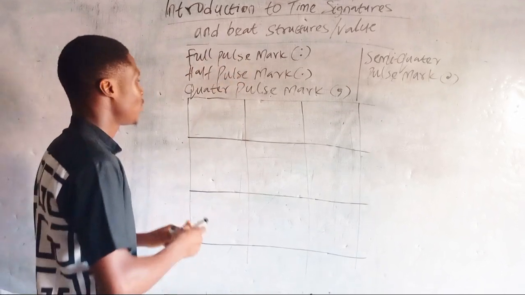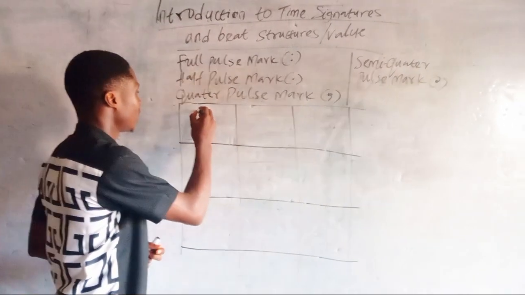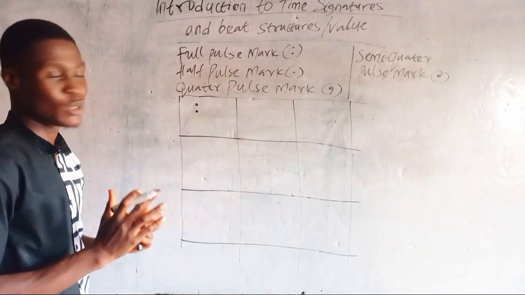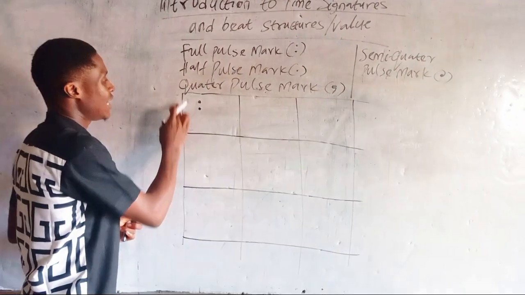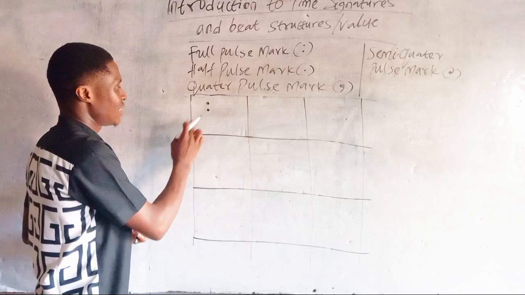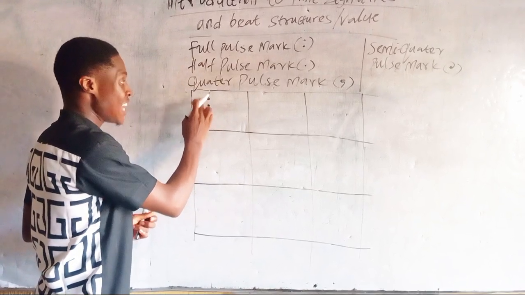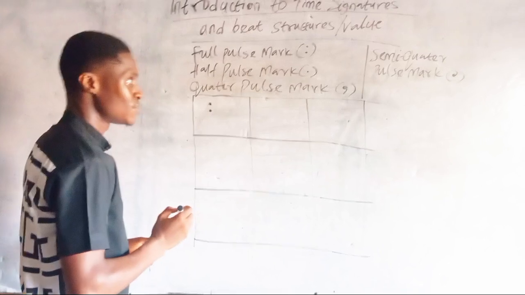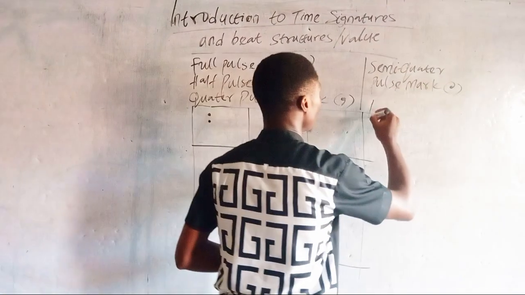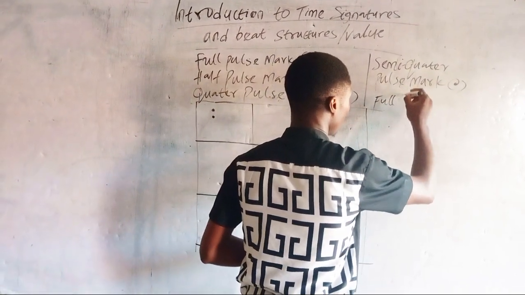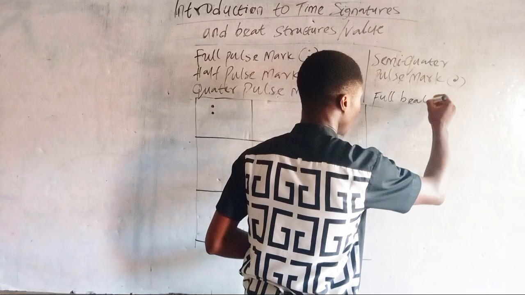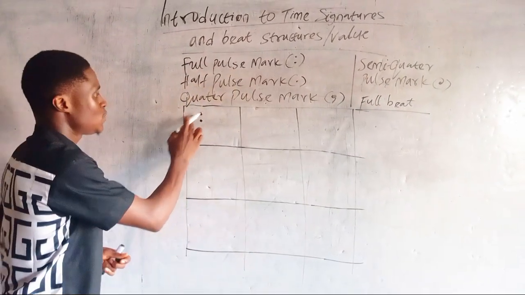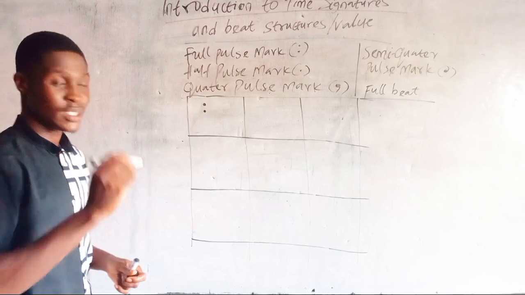Now, wherever you have a full pause mark in a bar, where a space is created between a bar line and that pause mark, that space is a full beat.